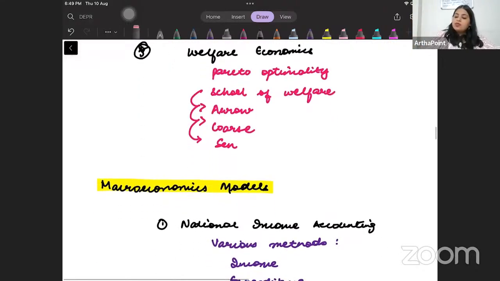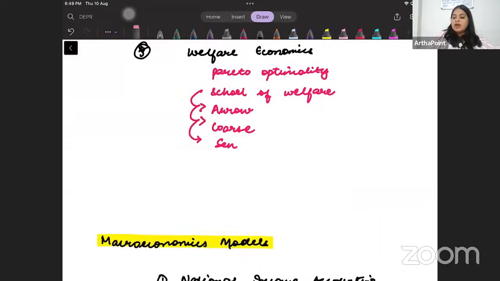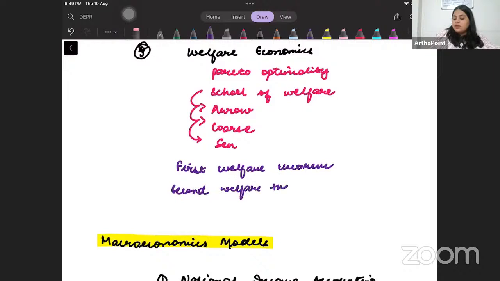Now let's talk about the welfare economics. So in welfare economics, you must be aware about what is the first welfare theorem. What is the second welfare theorem?